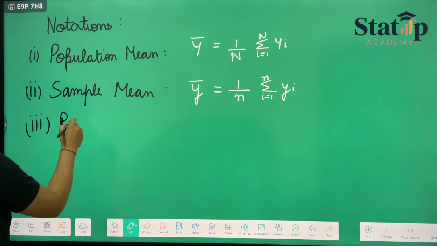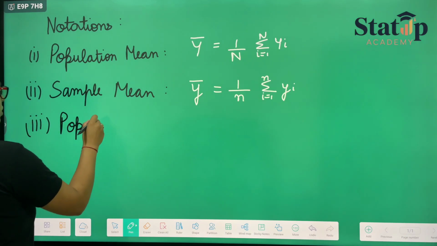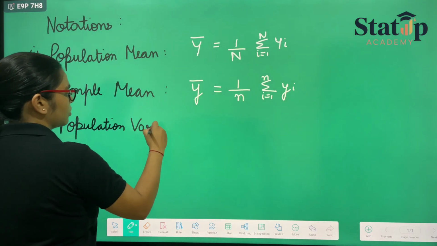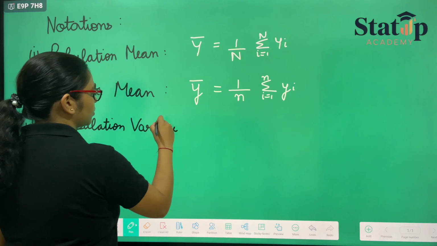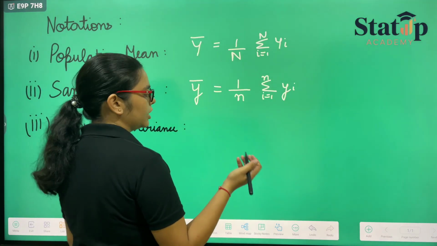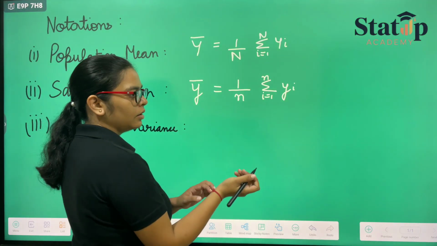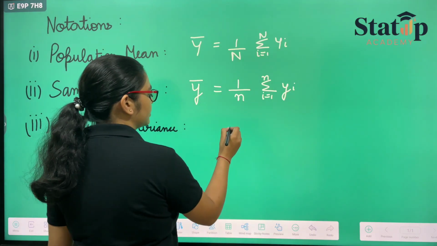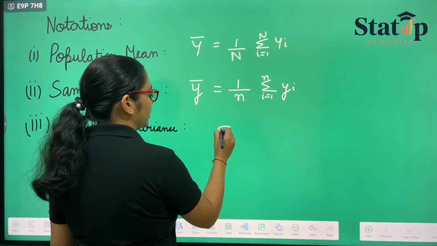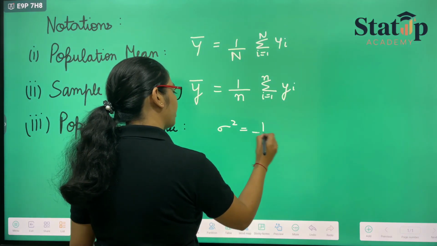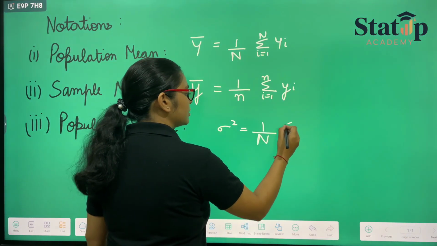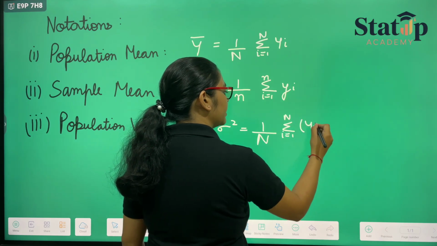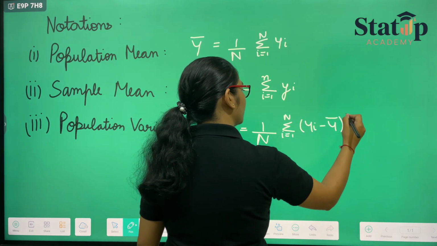Then the third one is population variance. What is population variance? We denote it by sigma square, which is nothing but 1 upon capital N, summation i goes from 1 to capital N, y i minus Y bar whole square.